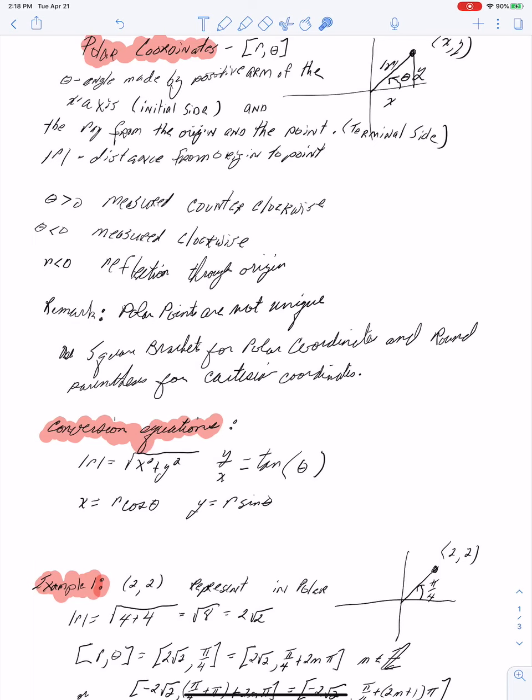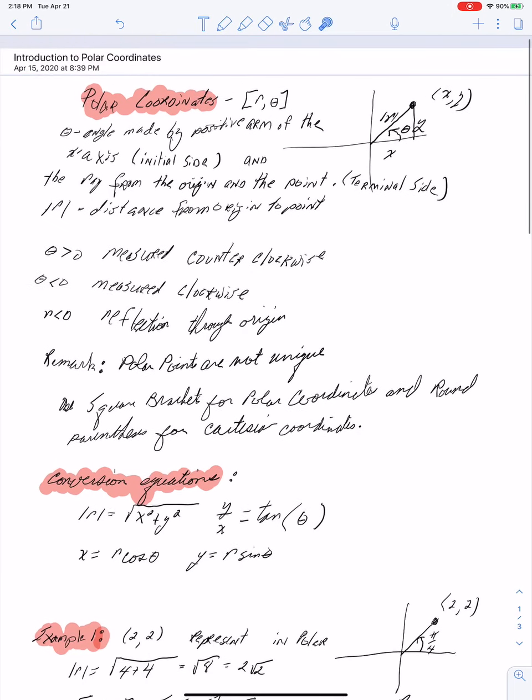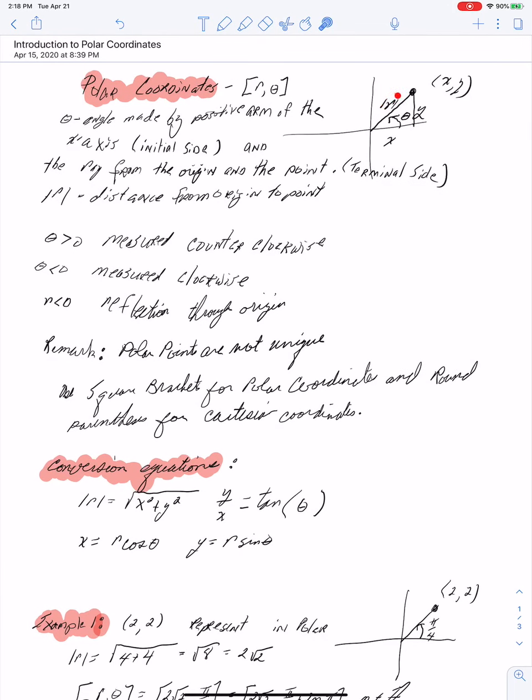Okay, if I draw this little picture here, you should see that x can always be represented as r cosine theta and y represented as r sine theta. It's clear here if r happens to be positive and that's theta, okay, then sine theta is what? Y over r, which would make y equal r sine theta.